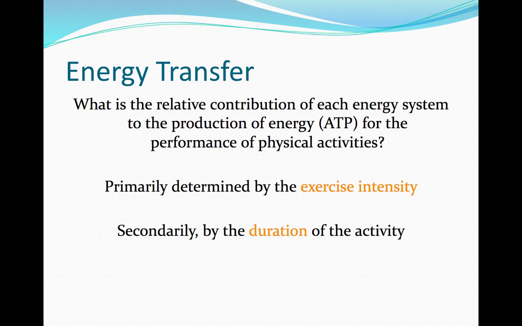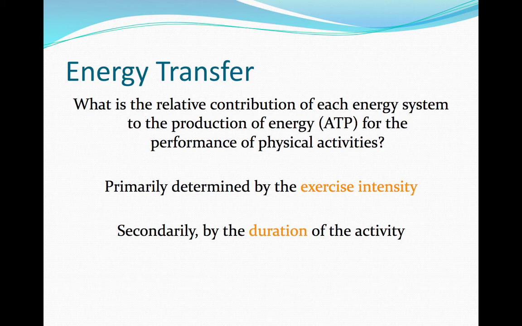So what's the relative contribution of each of these energy systems for the performance of physical activities? Well, it first depends on the intensity of the exercise. So if you want to think of it as most important. You have to know these 2 bits of information to know which one's predominating, but you absolutely have to know the exercise intensity. Second, duration or time. And that's why I call my second rule of energy systems time and intensity dependent.